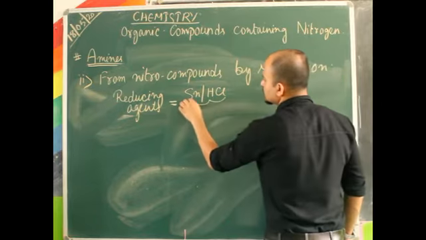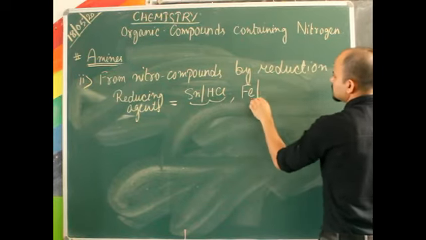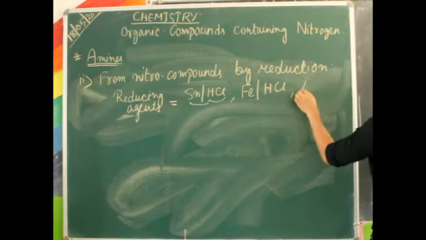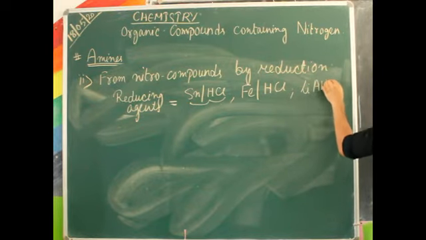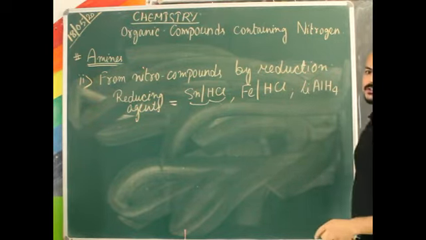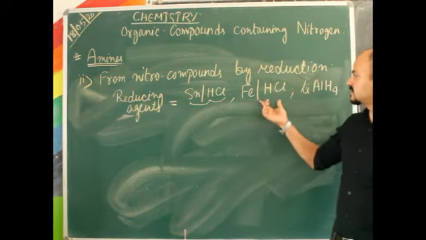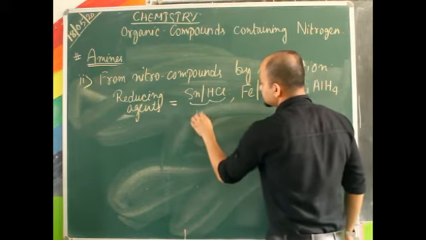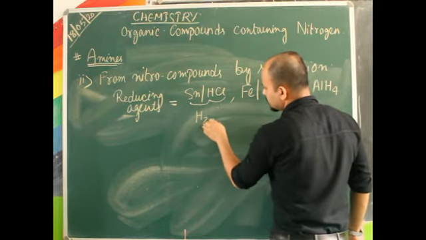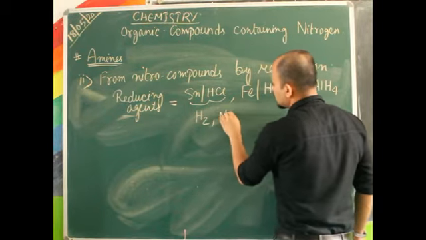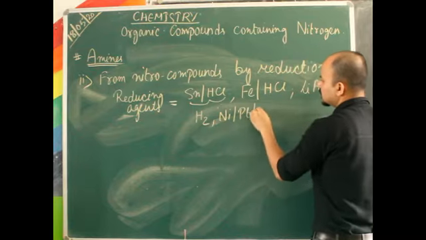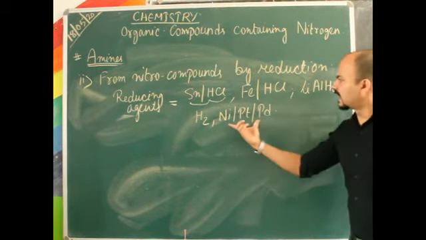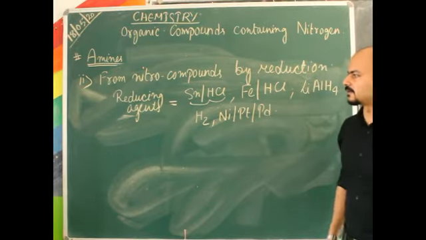This is one reducing condition. The second one is Fe in presence of HCl. Similarly, you know it very well, even lithium aluminum hydride can be used as a reducing agent. So these three and one more, that is hydrogen in presence of either nickel, platinum or palladium. So these four are reducing conditions for nitro compounds.